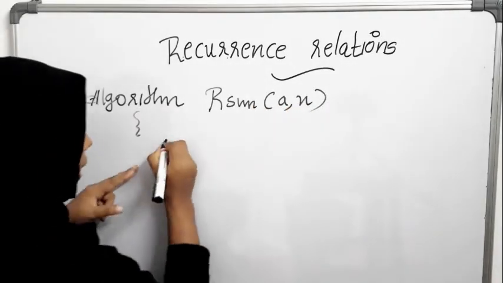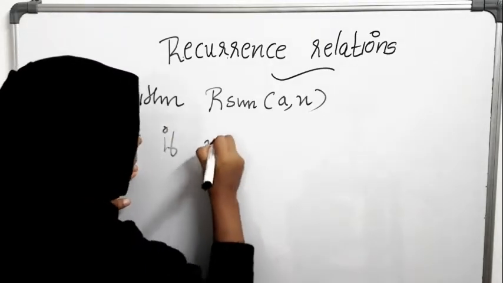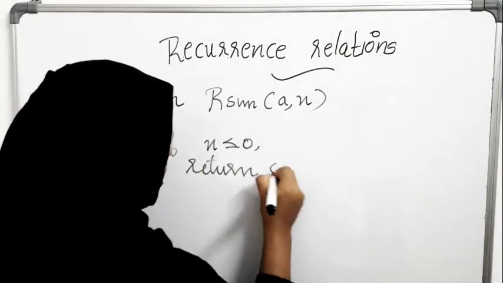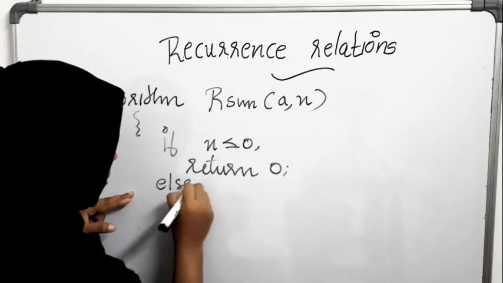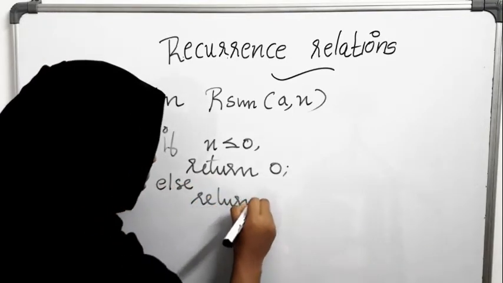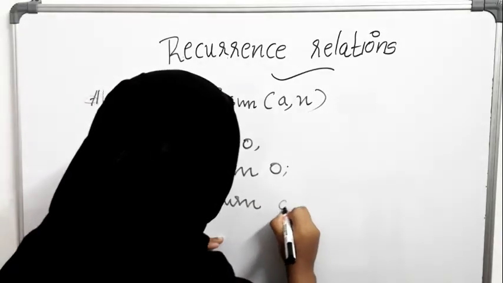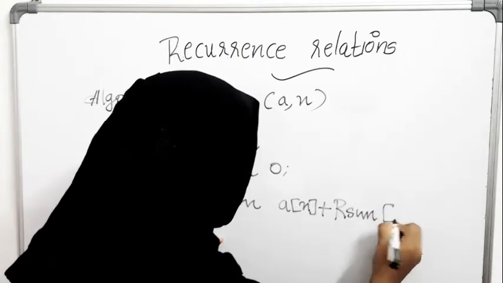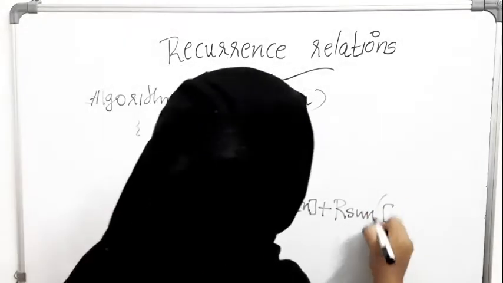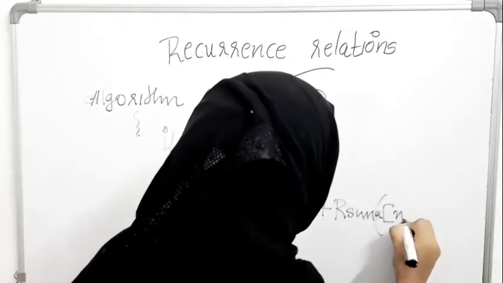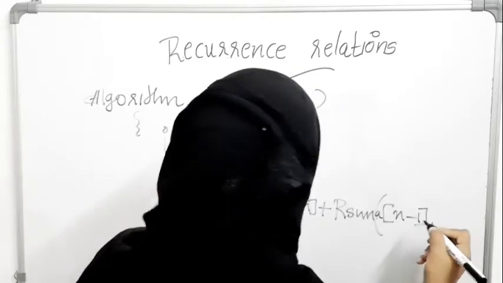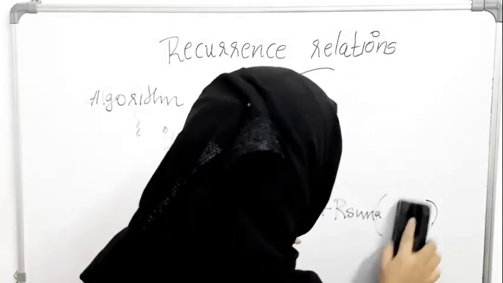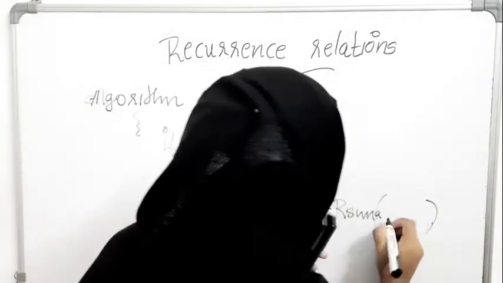The algorithm is: if n is less than or equal to 0, return 0, else return a of n plus ASM of a comma n minus 1.